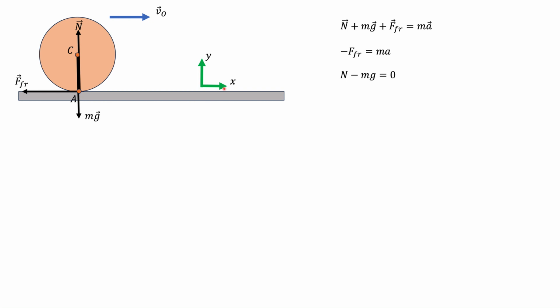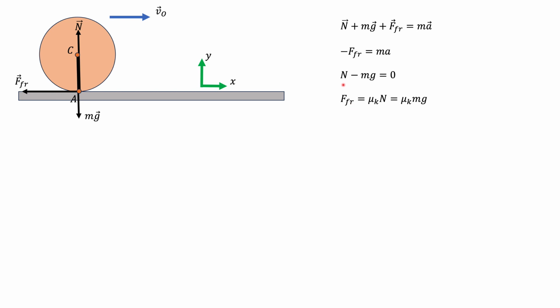Since friction force is kinetic friction force, we know the formula for kinetic friction as a function of the normal force. It's the coefficient of kinetic friction times normal force. Since normal force in our case from this equation is mg, that's the expression for the magnitude of the friction force.